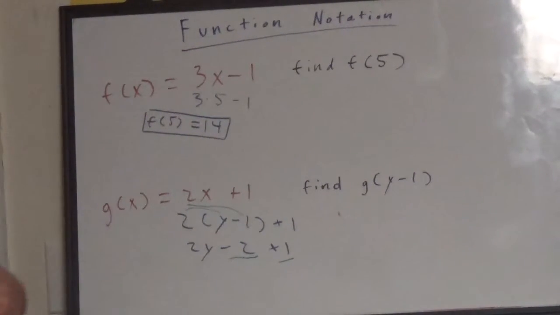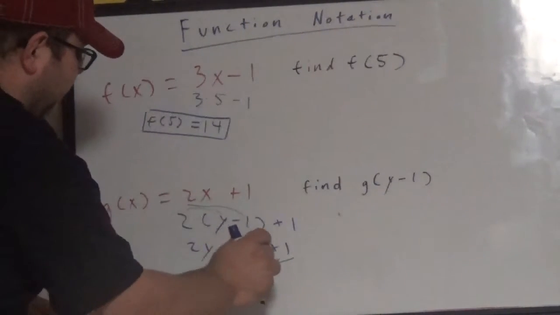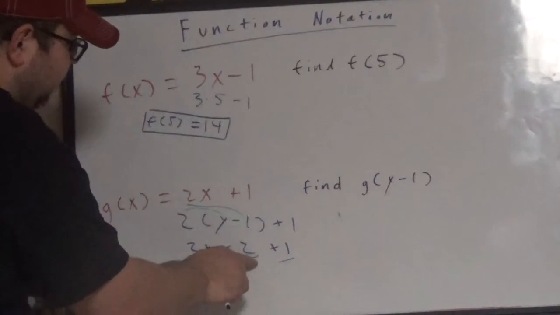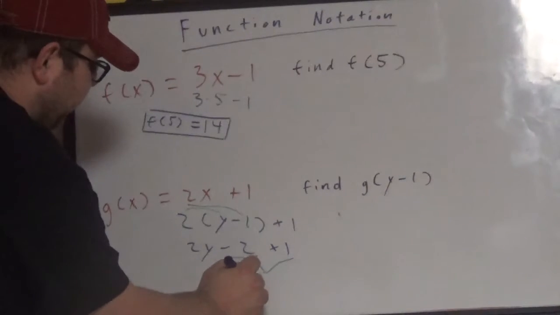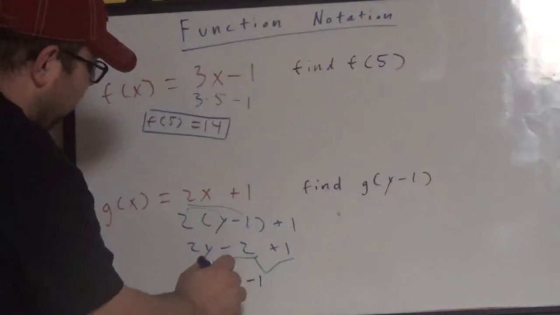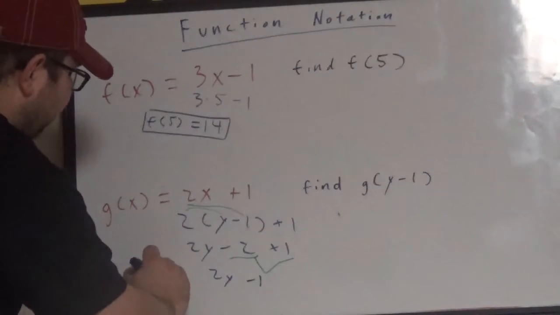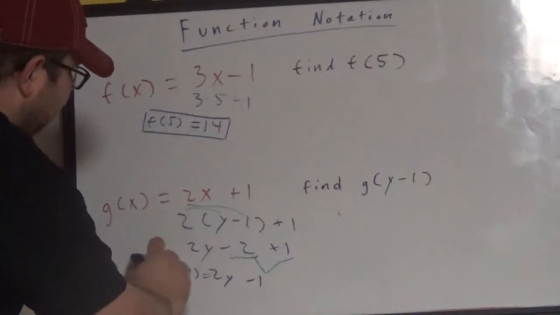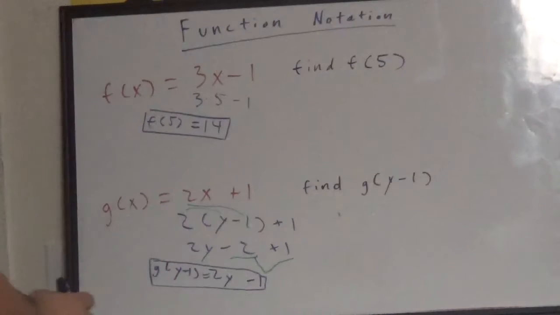Negative 2 plus 1 is negative 1. We're going to turn this into a negative 1, and we have 2y minus 1. And this is g of y minus 1 equals 2y minus 1.